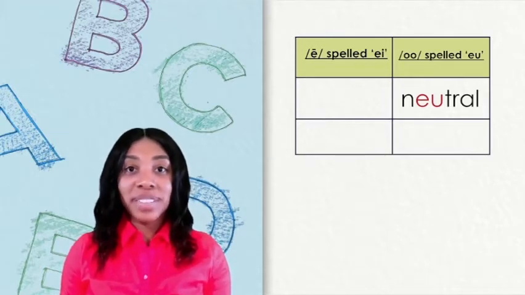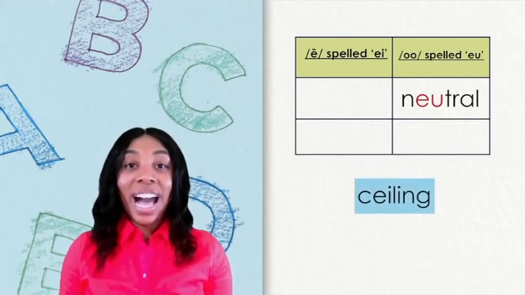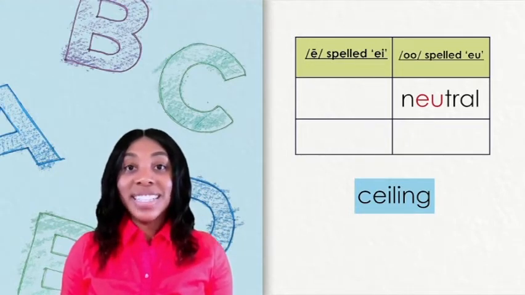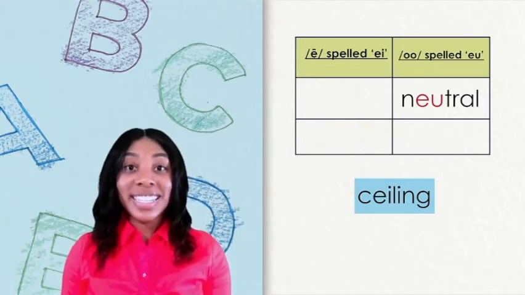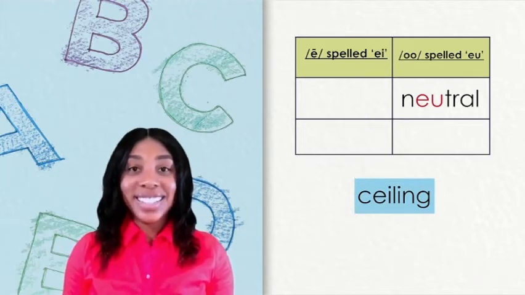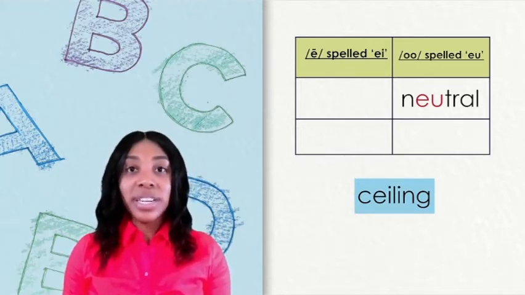Let's try another word. How would we say this word? Ceiling. Let's look at our first syllable in ceiling. S-E. We heard the E sound again, but it is spelled with an E-I. Go ahead and write down the word ceiling.